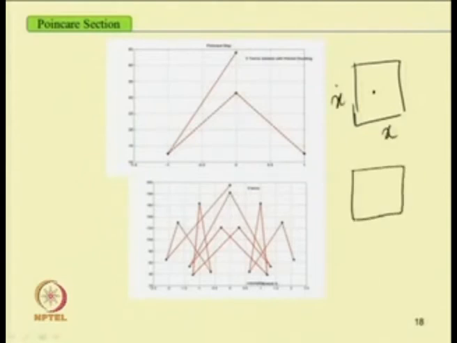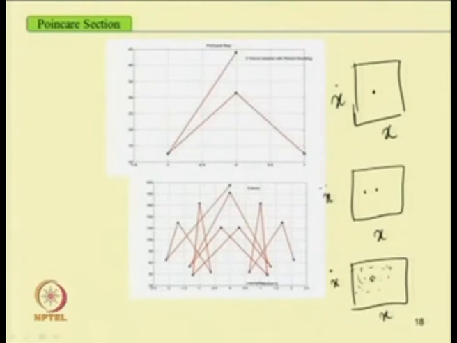Corresponding to two periods, we will have two dots, and in the case of a chaotic response, if we plot the Poincare section, then it may fill up the space.